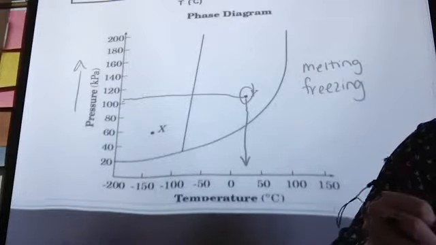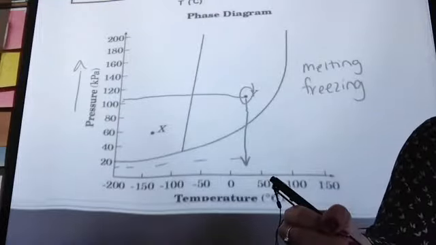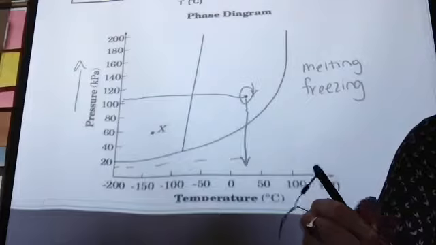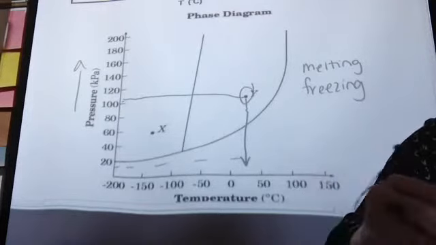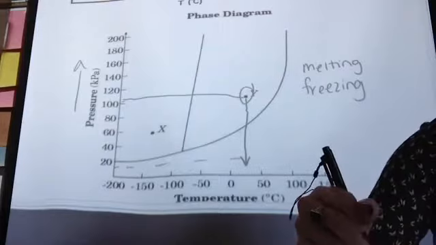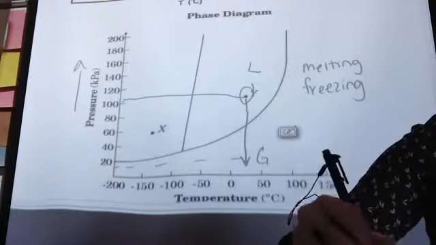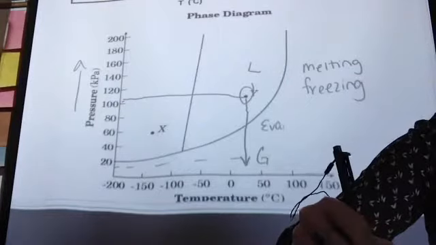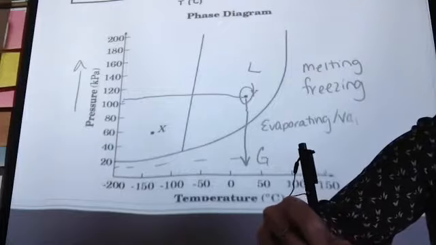Let's take it down all the way to a pressure of 10. Notice I'm not changing the temperature. Same temperature going from a higher pressure to a lower pressure. That's going from a liquid to a gas, which would be evaporating or vaporizing.